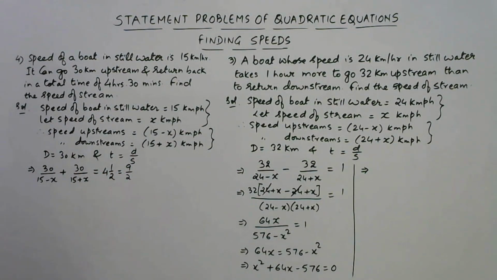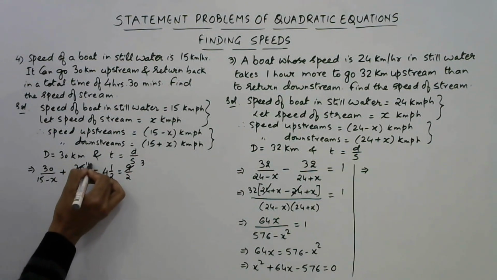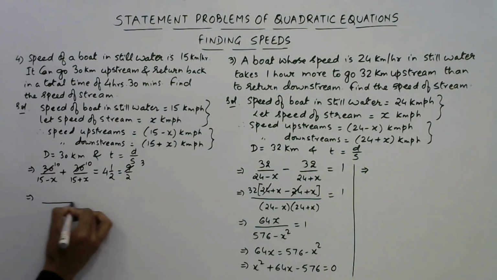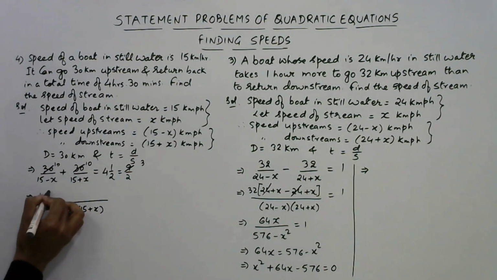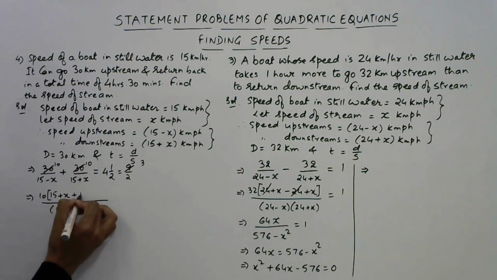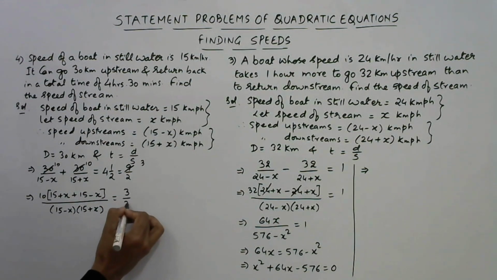Now you can cancel this common factor 3 along the numerators, thereby getting 15 minus x and 15 plus x as the LCM, and in the numerator we have this 10 common, so 15 plus x plus 15 minus x equal to 3 upon 2.